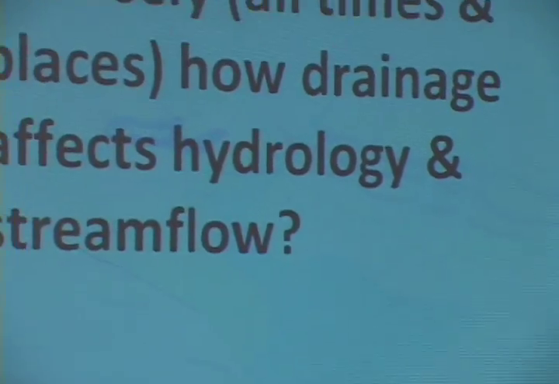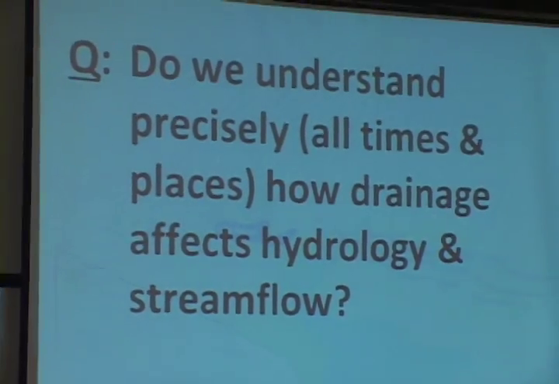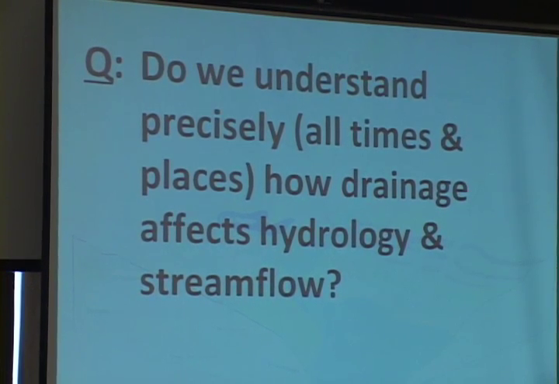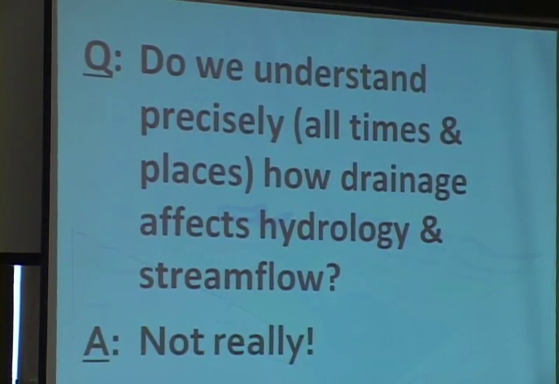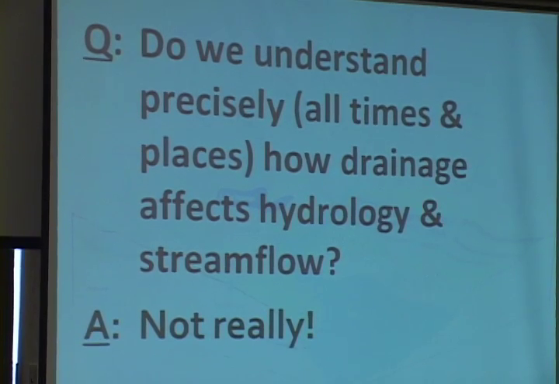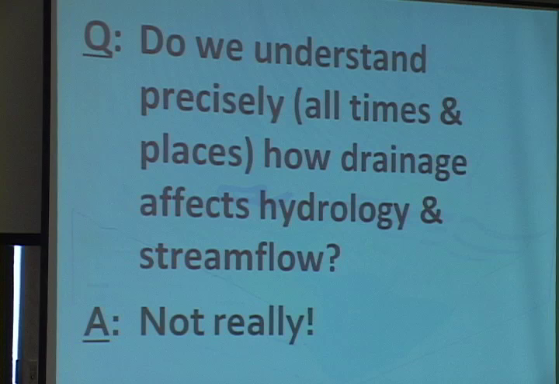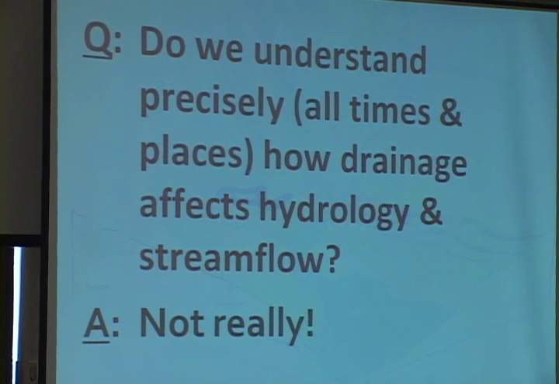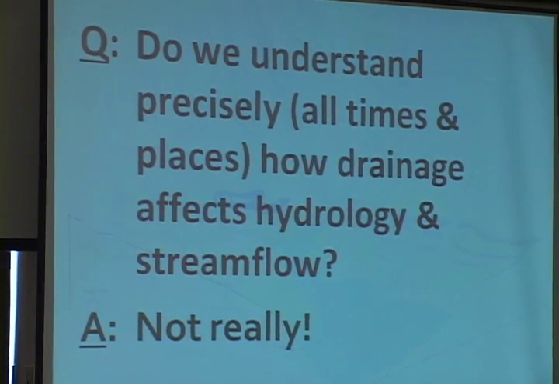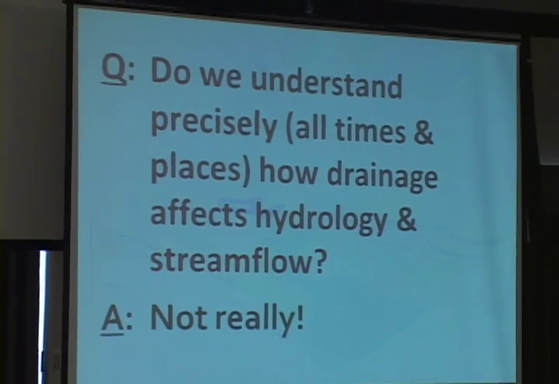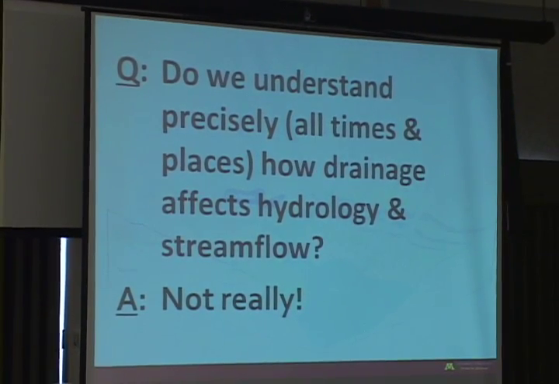But do we understand precisely how it affects hydrology in all times, in all places, in all situations? I'm going to tell you that we don't really understand that. And the rest of my presentation is going to talk about why we can't answer this question specifically. How exactly does agricultural drainage affect stream flow and hydrology?